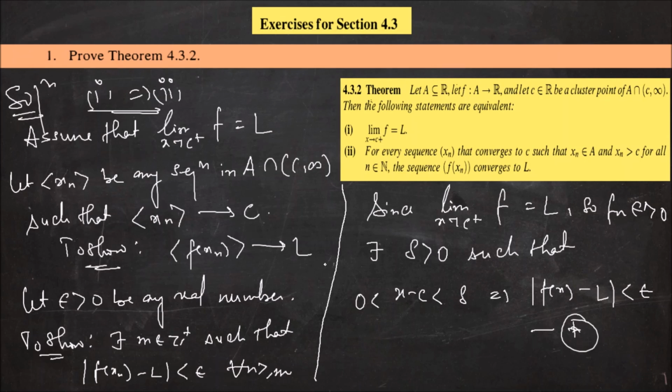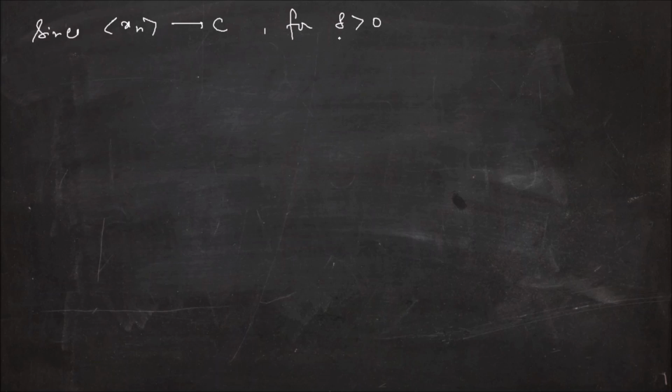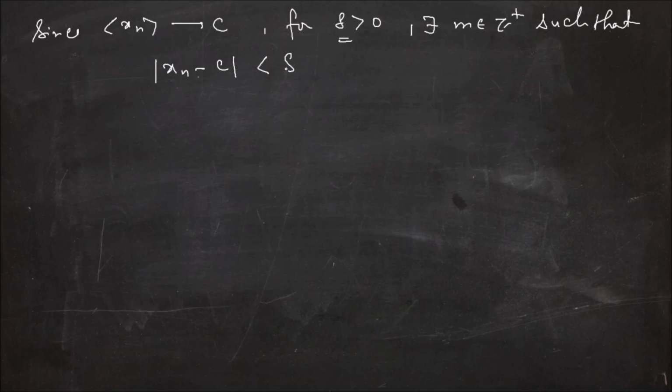So now for this delta we will use the sequential condition. Since xn converges to c, for delta greater than 0, so instead of epsilon I am taking delta, there exists m belonging to positive integers such that |xn minus c| is less than delta for all n greater than or equal to m.